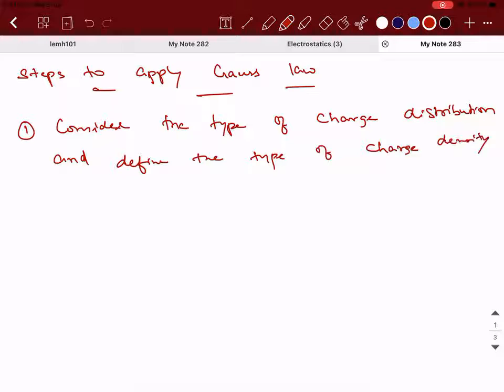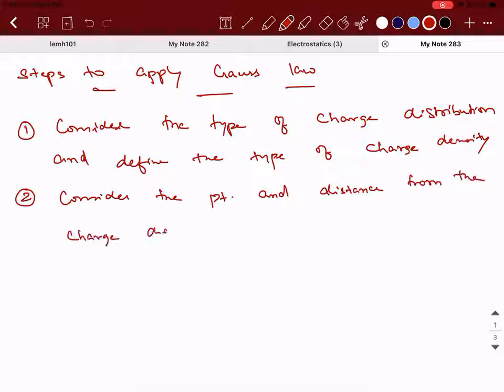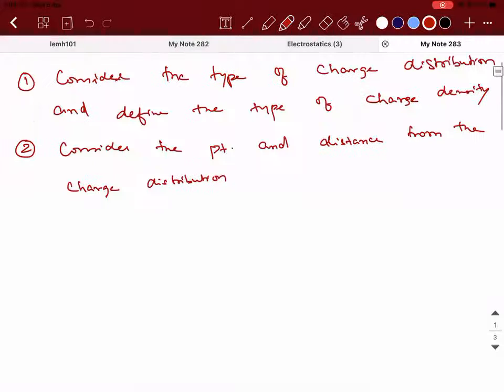That is the first step. Second, consider the point and distance from the charge distribution.